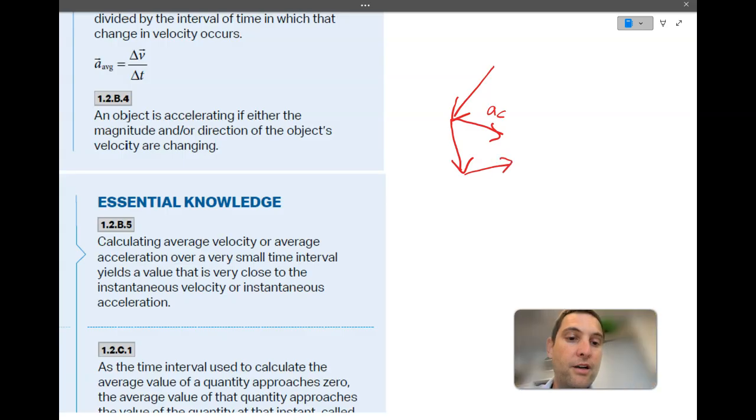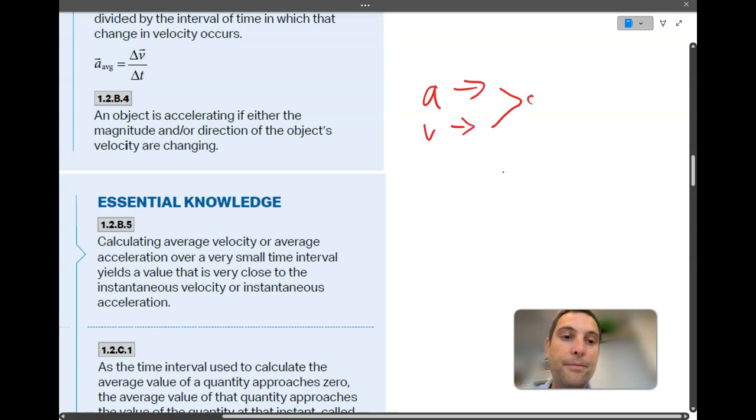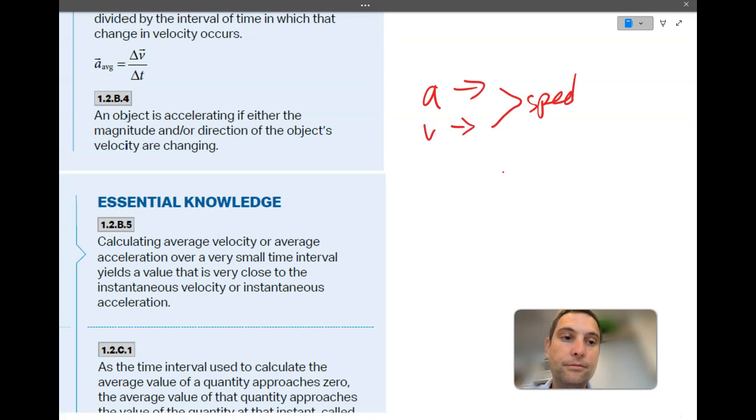So because there is a change in direction, we have acceleration happening. Also happens when objects speed up or slow down. If our acceleration is to the right and velocity is to the right, we're speeding up. If acceleration is in the opposite direction of velocity, we're slowing down.